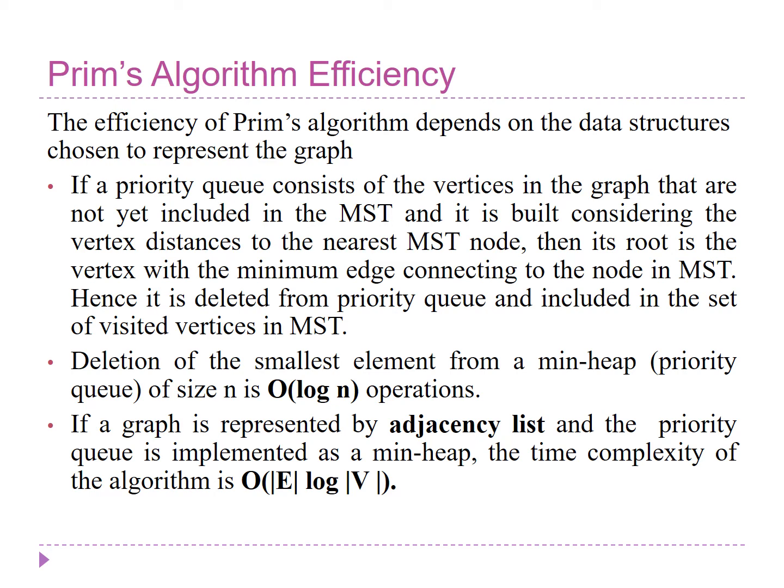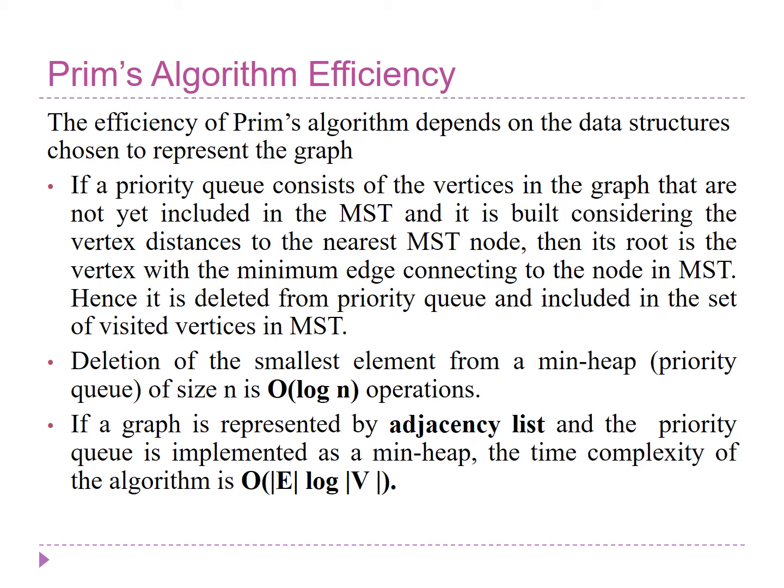Hence, it is deleted from the priority queue and included in the set of visited vertices in the minimum spanning tree. Deletion of the smallest element from the min heap of size n is big O of log n operations.